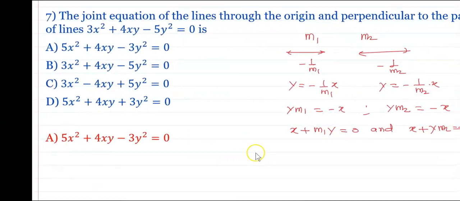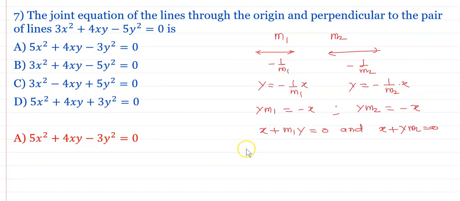Now we make the joint equation: x plus m1y into x plus m2y is equal to 0. Now the product: x into x gives x square, x into m2y and m1y into x.